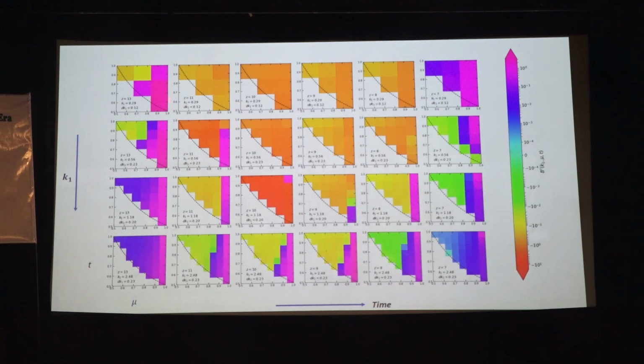Each panel is a mu-t space. As we go from left to right, time progresses, or the value of z decreases: z is 13, 11, 10, and so on. As we go from top to bottom, the k values increase. This is for small k1, and this is for high k1.